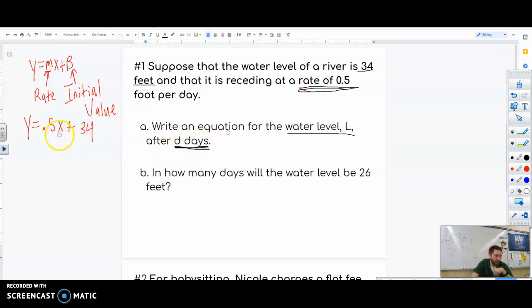So D is going to be my x in this problem, and L is the water level. That's the dependent variable, right? The water depends on the time. So instead of the letter y, I'm going to write the letter L. Putting this all together for my final answer, I have L equals 0.5 times D plus 34.